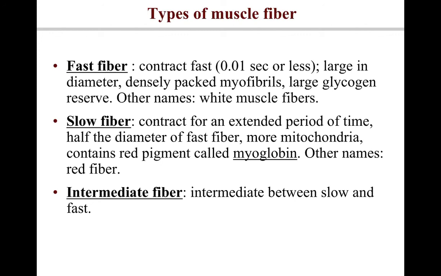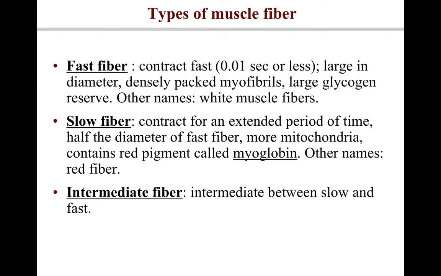The slow fibers, on the other hand, contract slowly, but they can remain in the contracted state for an extended period of time. The diameter is just half that of the fast fibers. They have more mitochondria, of course. They need more mitochondria because they are working through an extended period of time.